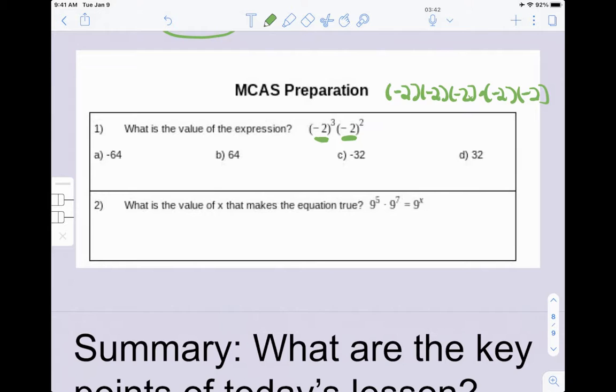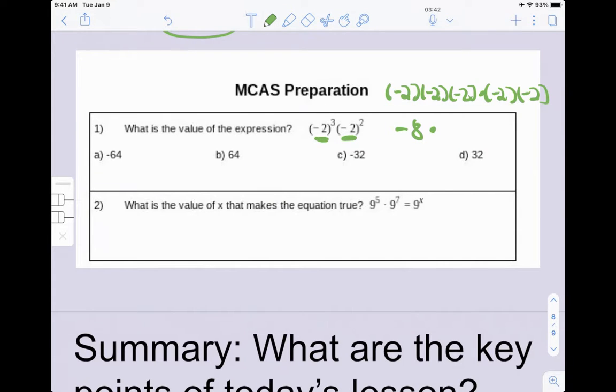If you think about this, when we're multiplying in bases of this, if there's an odd amount of negative signs, our product is negative, and an even amount, our product is positive. Negative 2 to the 3rd power is an odd amount, so I know my product will be negative, and 2 times 2 times 2 is 8.